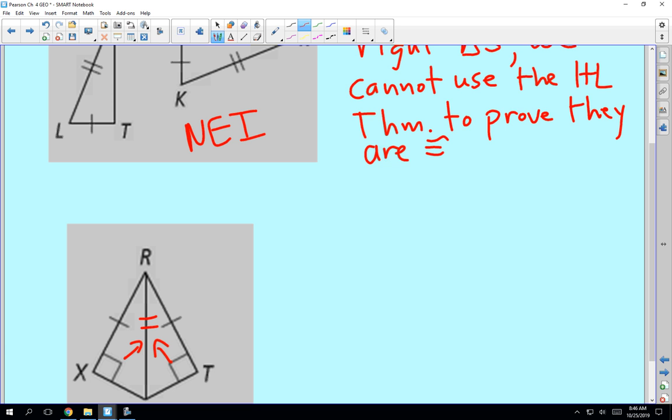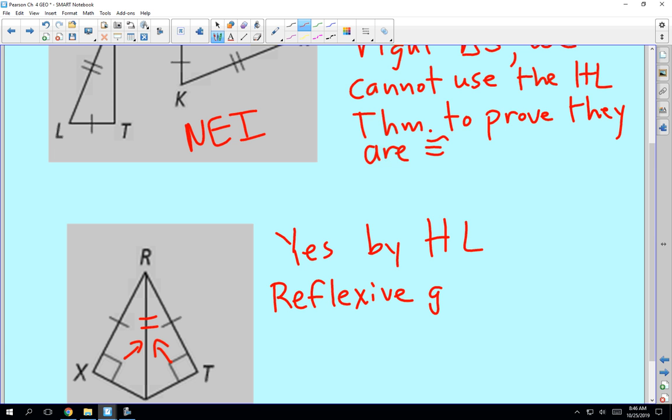So this one has enough information. And you might want to add in that you got to use reflexive. Reflexive gets the hypotenuses congruent. So reflexive does it. That's it.